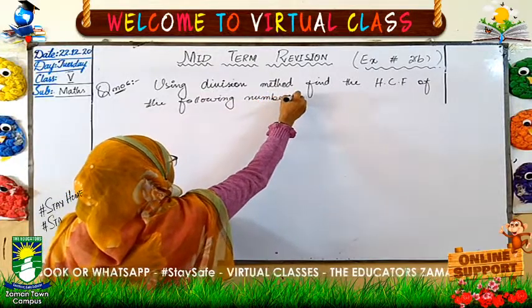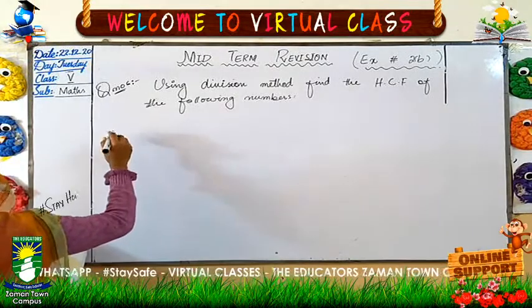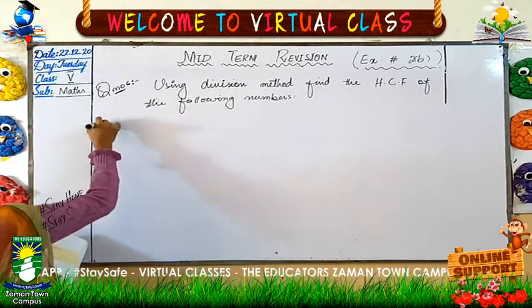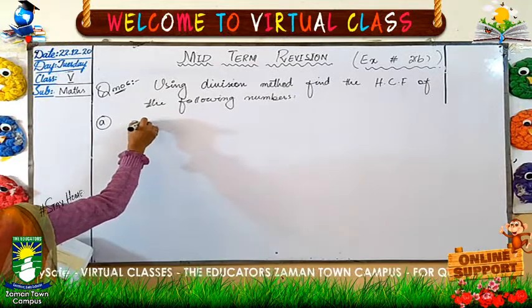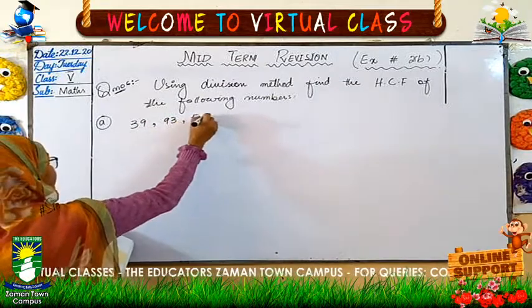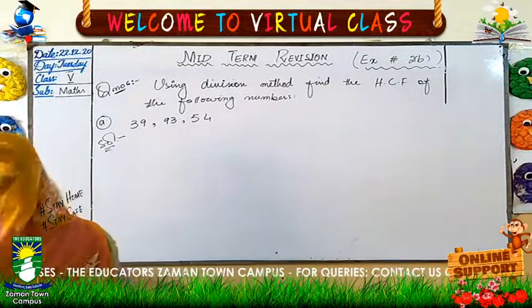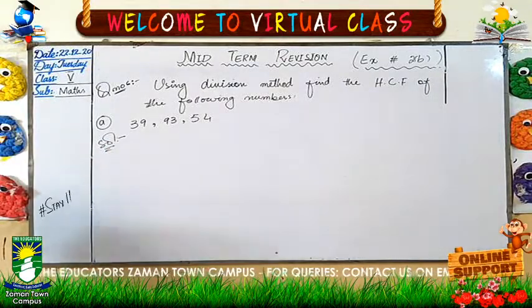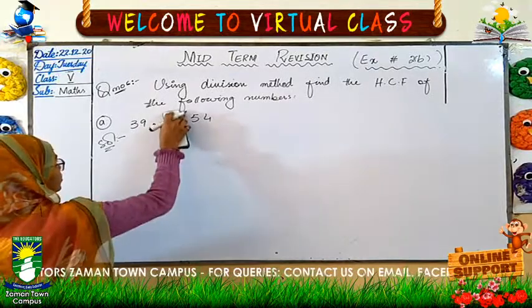Which method we have to use? We have to use a division method. Okay, we can see a part A, which is 39, 93 and 54. 3 values we are having in a question, which is 39, 93 and 54.